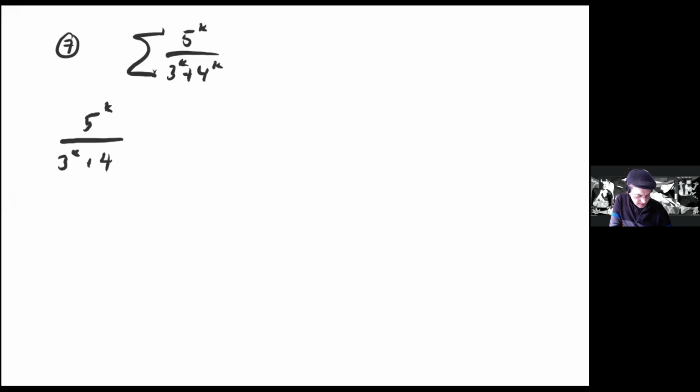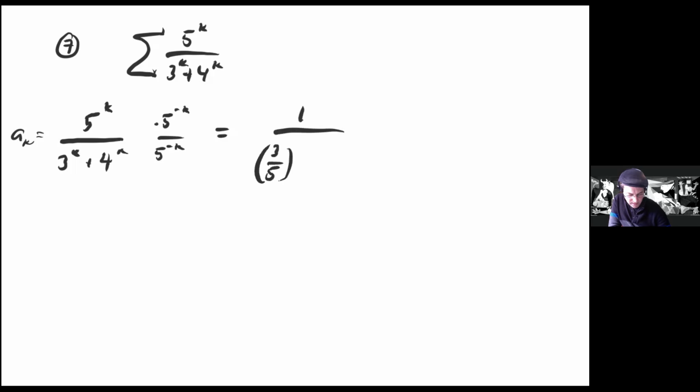a sub k in the following way. We multiply both top and bottom by 5 to the minus k. That's like multiplying by 1. So the numerator becomes 1, and the denominator becomes 3/5 to the k plus 4/5 to the k.